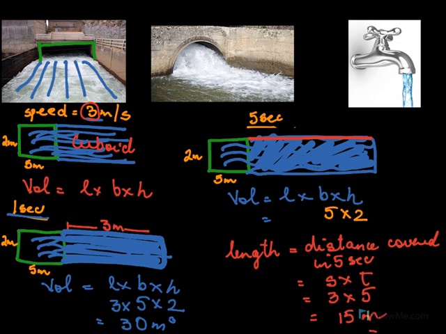So this distance, which is the length of this cuboid, is now 15 meters. The length is always given by the distance covered by the water in that time. So the volume is now 150 meter cube. This is the amount of water that will flow in 5 seconds.